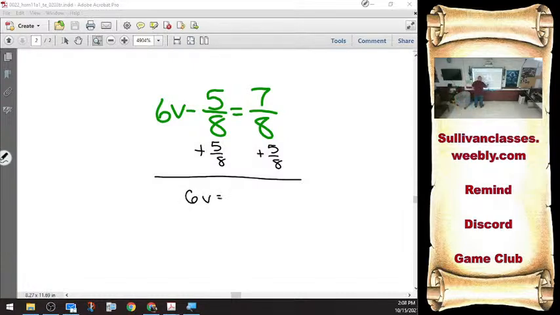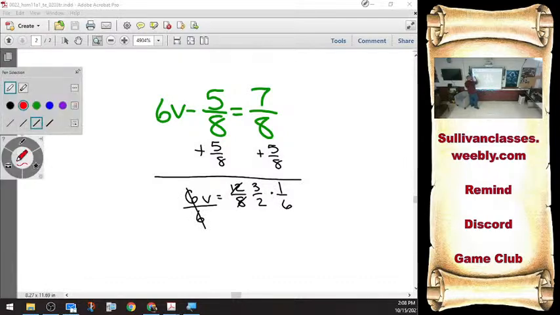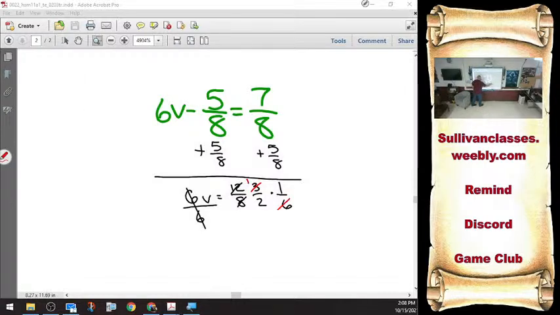So 6V is 12/8, which I can call 3/2. And then, who's still got to go? And dividing by 6 is the same as multiplying by 1/6, right? Flip the second and multiply. In which case, 3 and 6 become 1 and 2. 1 times 1 is 1. 2 times 2 is 4. V is 1/4. So there's one option.